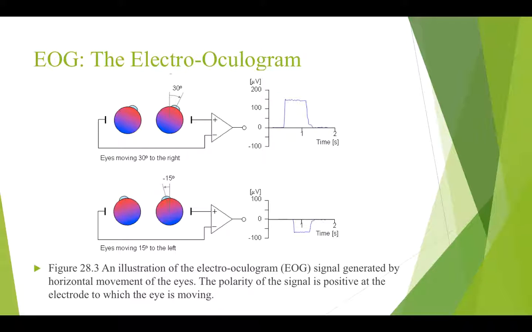With the eye at rest, the electrodes are effectively at the same potential and no voltage is recorded. The rotation of the eye to the right results in a difference of potential, with the electrode in the direction of movement becoming positive relative to the second electrode. The opposite effect results from a rotation to the left.